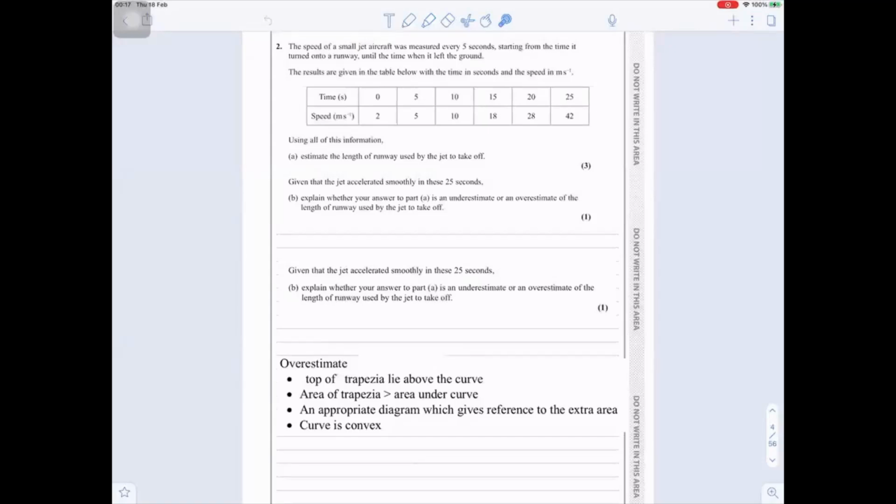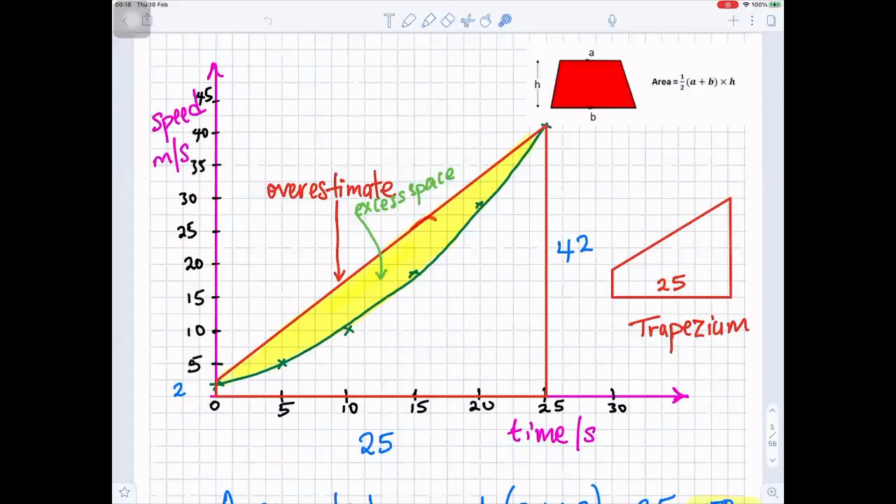Question 2b. Given that the jet accelerated smoothly in these 25 seconds, explain whether your answer to part A is an underestimate or overestimate of the length of the runway used by the jet to take off. If you look at this diagram, we had to find the area of a trapezium, which is this area.